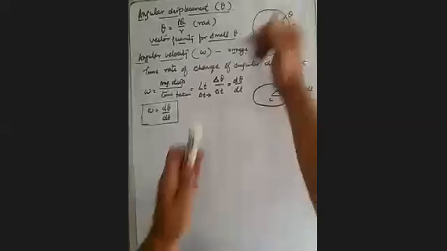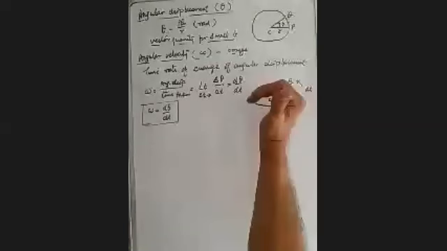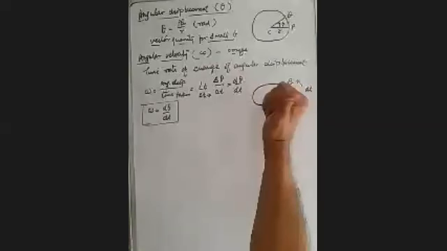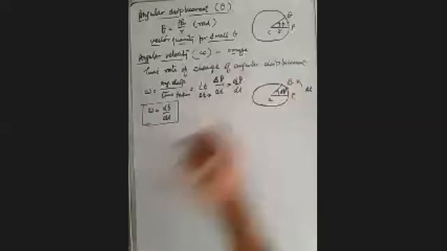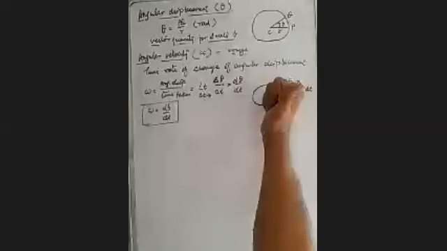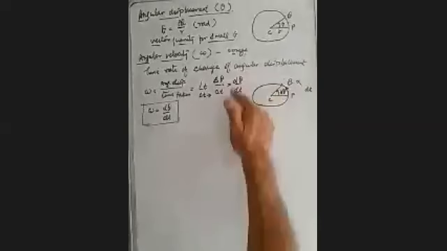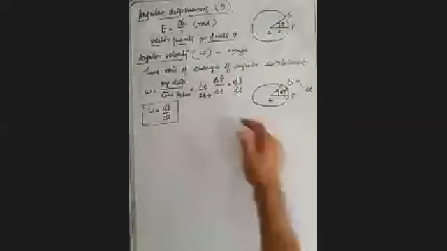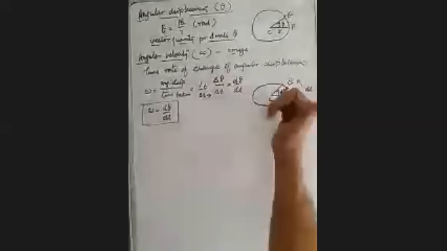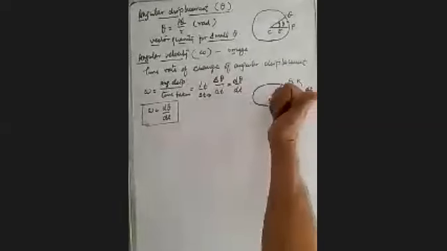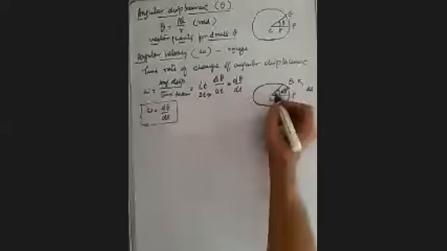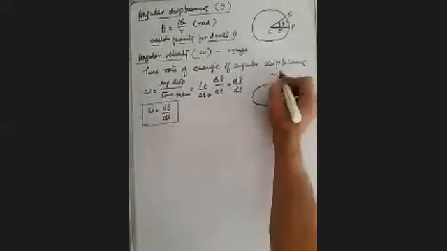Same way, the particle is moving on a circular path in the anti-clockwise direction. So stretch your right hand and curl your fingers in the direction of motion of the particle. Then the thumb will give you the direction of angular velocity. In this case, the angular velocity is perpendicular to the plane in which the particle is moving on a circular path. So we can show it like this.